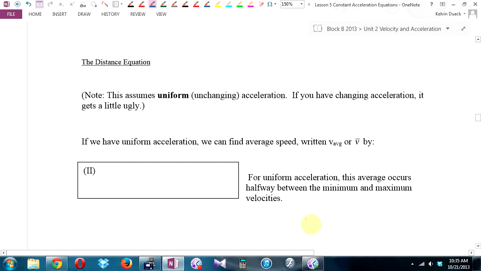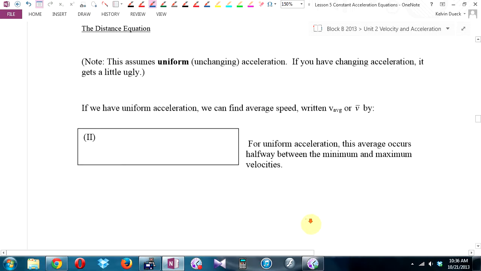By the end of this month, you'll be able to do it in your sleep. Changing distance, no problem. Changing acceleration, that's really where you need calculus. So we're going to stay with a constant acceleration for most of your high school career. Having said that, that still opens up some very cool problems like free fall and things like that.